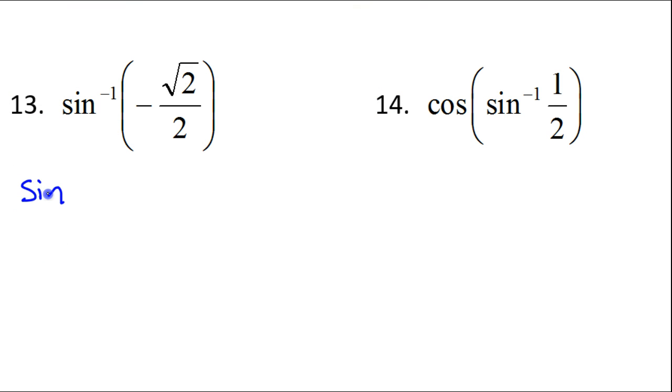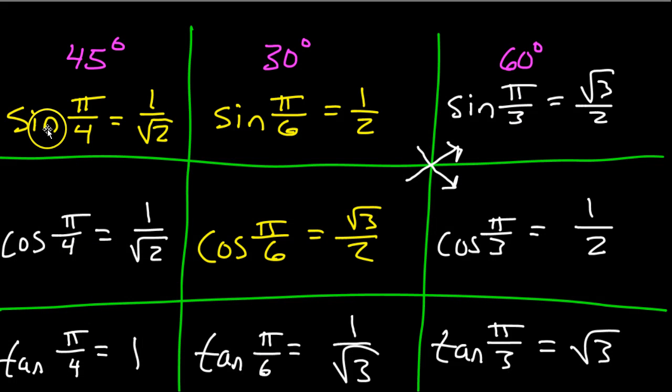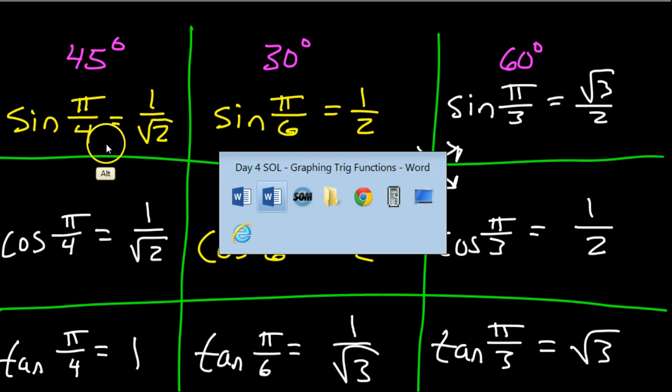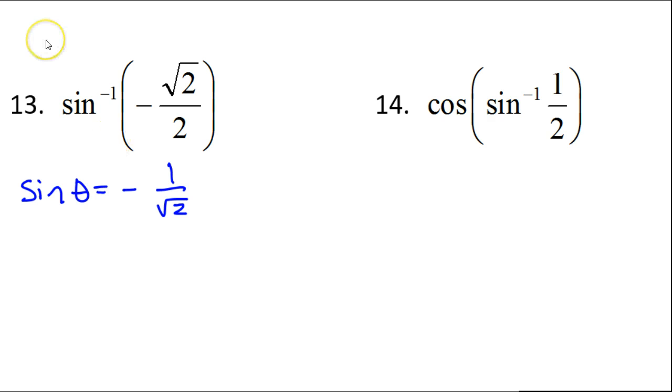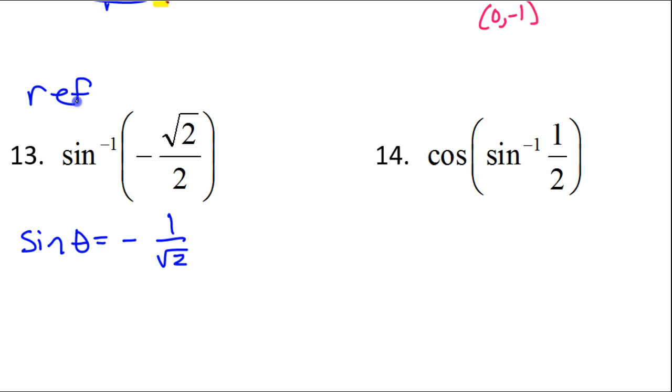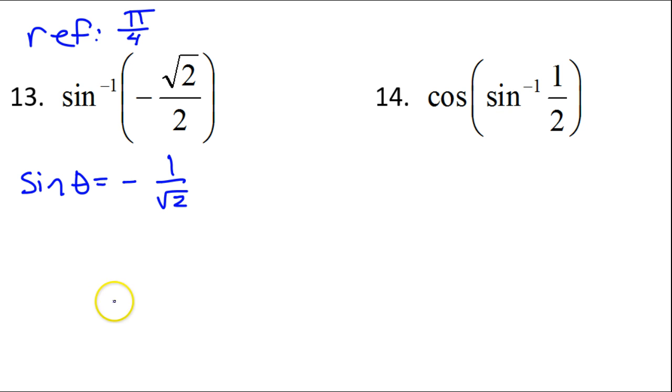This is asking the question, sine of what angle is equal to negative radical 2 over 2? Now understand that radical 2 over 2 is the same thing as 1 over radical 2, which is what we usually write. Let's look at our scratch paper. Alright, so here's 1 over radical 2. That means the reference angle is pi over 4. Okay, so let's draw the sketch.